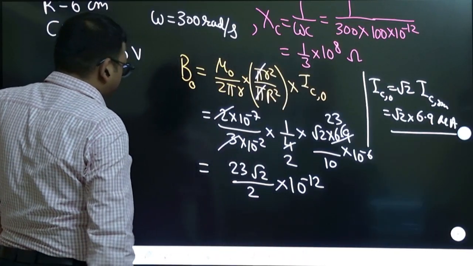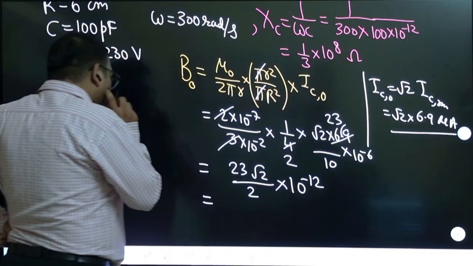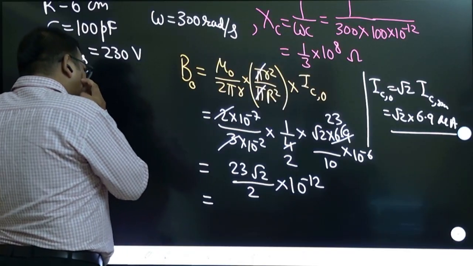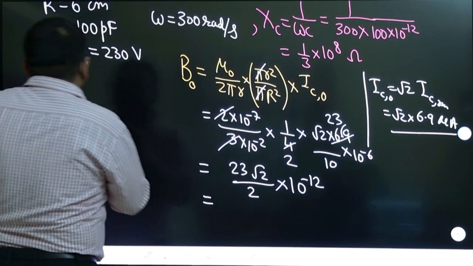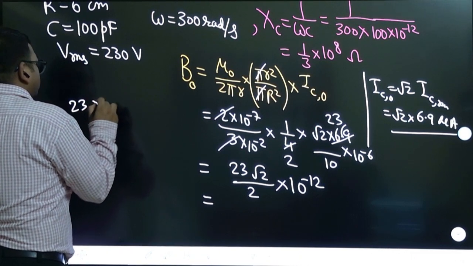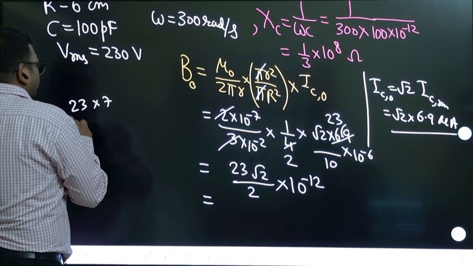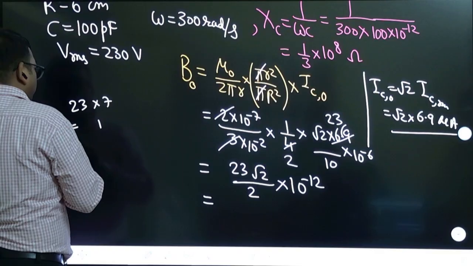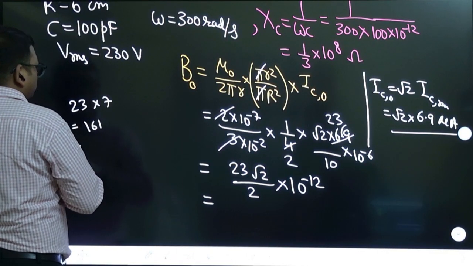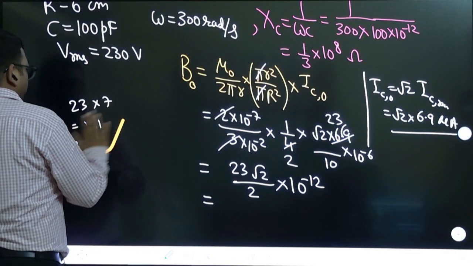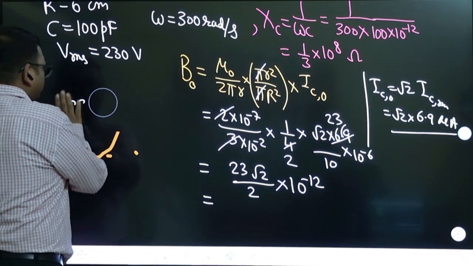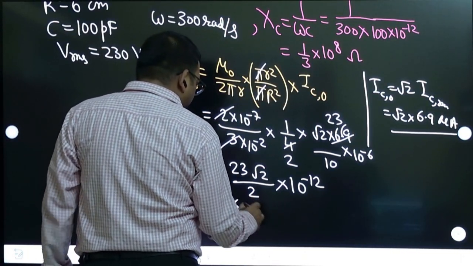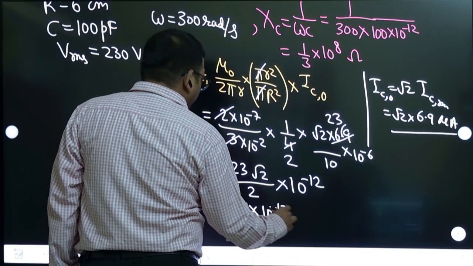Root 2 nearly 1.414, or if I take nearly 1.4, so that will become 0.7. So 23 into 7 is how much? 7 into 3, 21. 7 into 2, 14. Yes, 161 nearly comes, right? Points only 16.1 nearly. So 16.1, let us take 16 into 10 to the power minus 12.